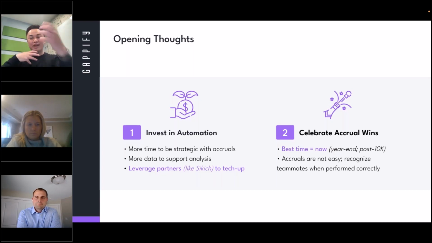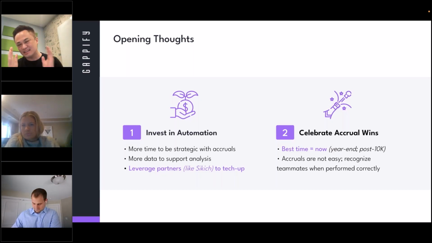And I think a more engaged accounting team who is appreciated for doing accruals properly will be more effective about taking that on in future months. So I know this is not a very tactical and technology driven recommendation, but I do passionately believe in the power of celebrating accrual wins. So if there's one key takeaway from this call, I hope that is definitely one of them for you.